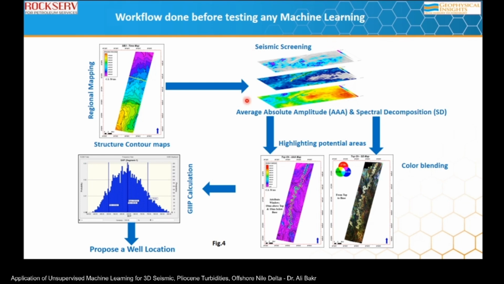From those together, we came up with the spectral decomposition display with color blending, and on the other hand, the time map with amplitude posted, and the geometry of the channels coming from the spectral decomposition is posted as well. Accordingly, this work has been used in order to come up with the proposal for the wells, and also the calculation of the GIIP.